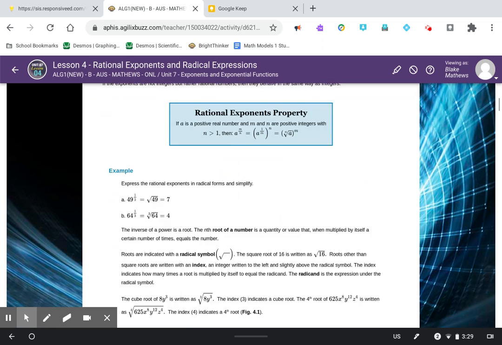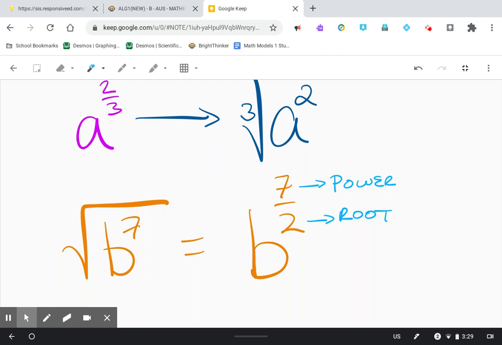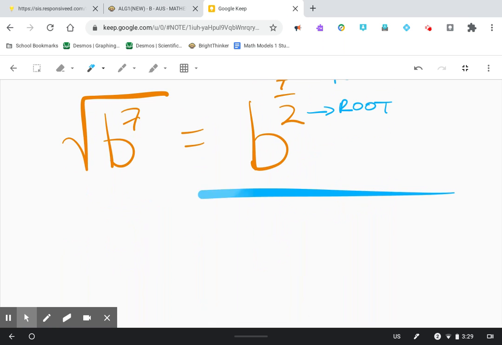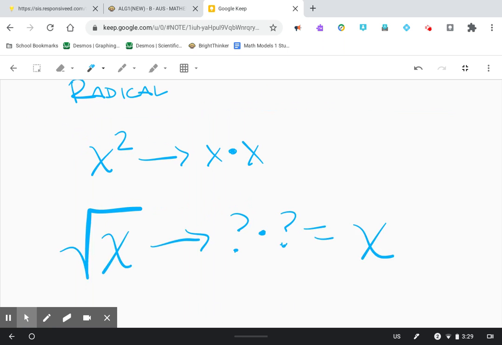And they go through some examples here to kind of explain. So a radical symbol is, like I said, the opposite of a root. So whereas x squared tells me to do x times x, the square root of x asks me the question, what times what itself gives me x?